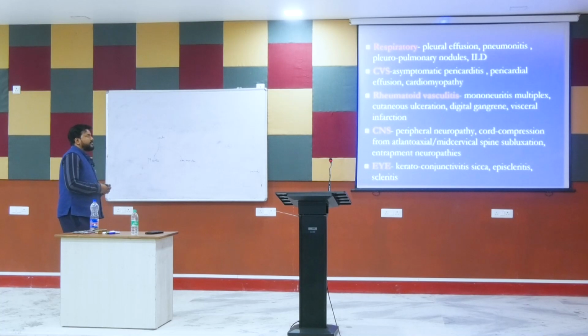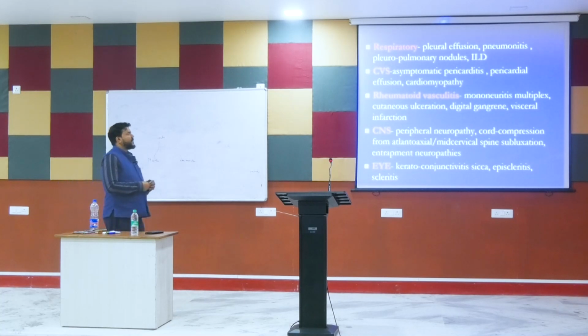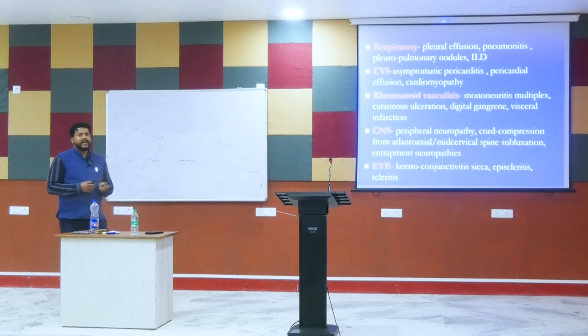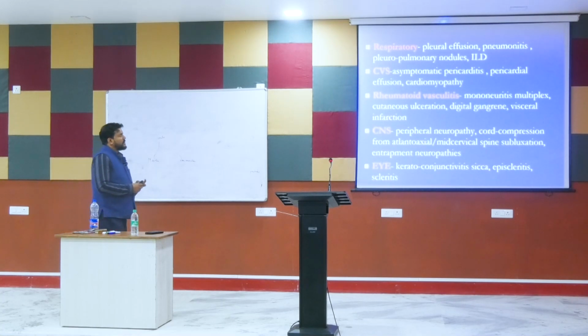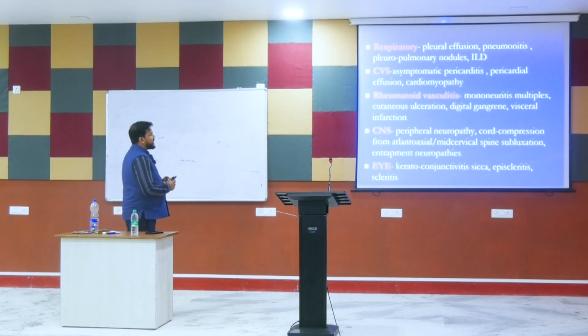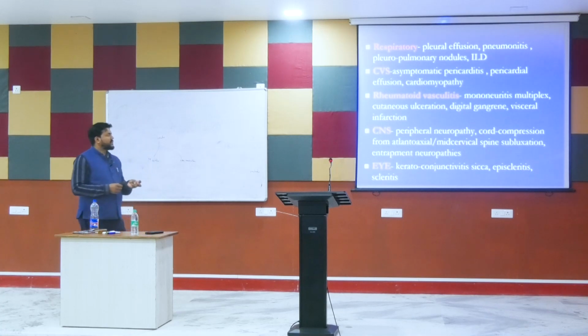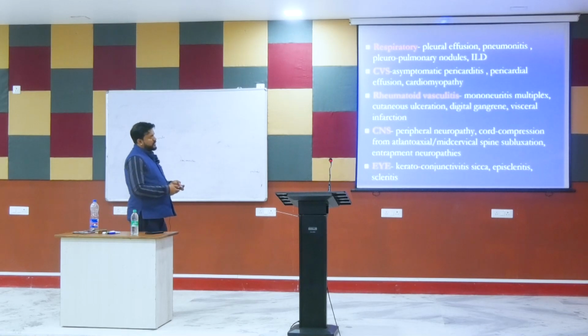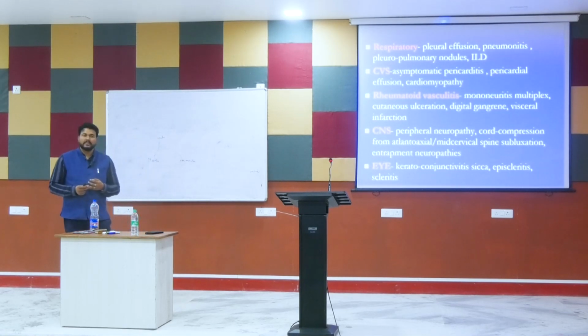In the cardiovascular system, asymptomatic pericarditis, pericardial effusion, or cardiomyopathy. Rheumatoid vasculitis can cause mononeuritis multiplex, cutaneous ulceration, digital gangrene or visceral infarction. Have you heard the name mononeuritis multiplex?